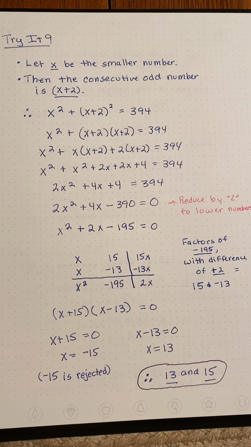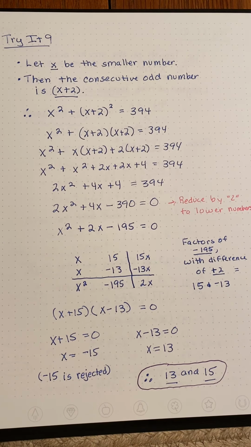So the sum, when you add these two numbers together, so the sum of the squares, these numbers will also be squared. The numbers will be consecutive, but they will be consecutive positive odd numbers. And then when you do all that, it will total 394, and we have to find those numbers.